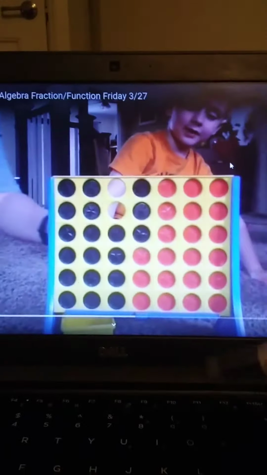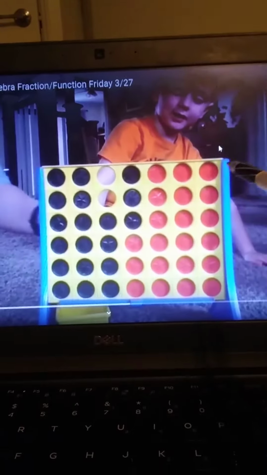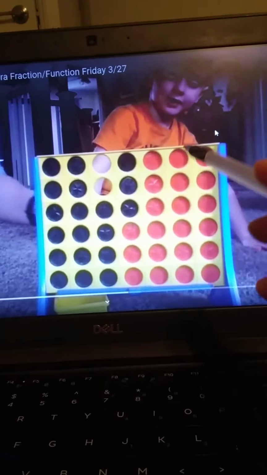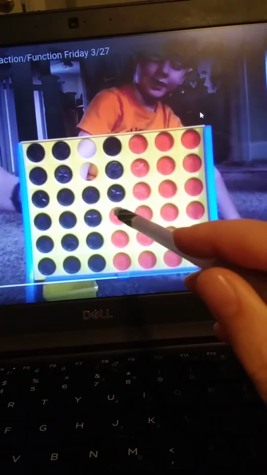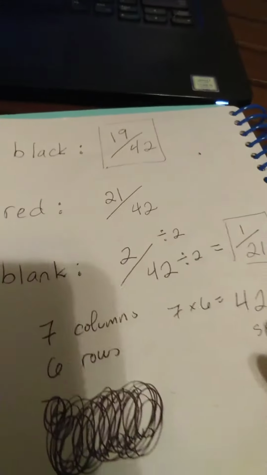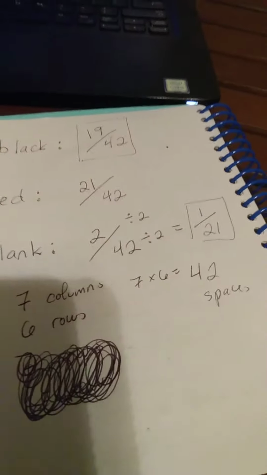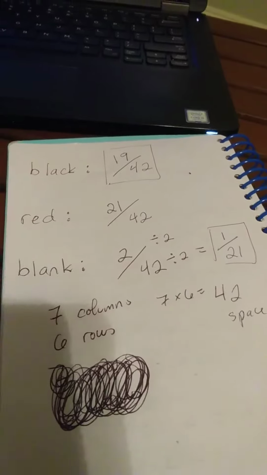Lastly, we have red. You could either do the math and subtract to figure out how much is left, or we could just count: 6, 12, 18, 19, 20, 21. So 21 out of 42. We ask, can this simplify?